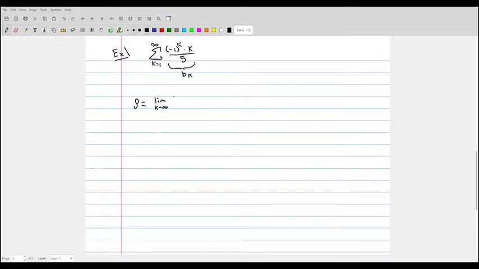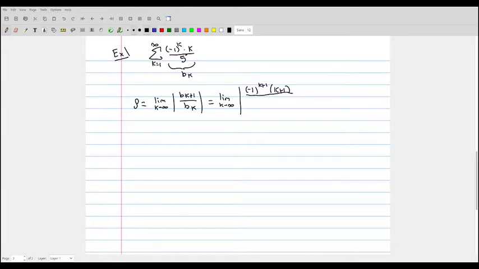as k goes to infinity of the absolute value of b(k+1) over bk. This is going to be the limit as k goes to infinity of negative 1 to the k plus 1 times k plus 1 over 5, and we'll actually make it a little more complicated.